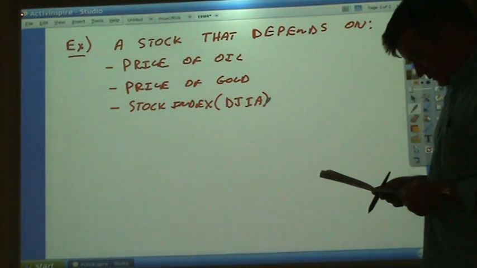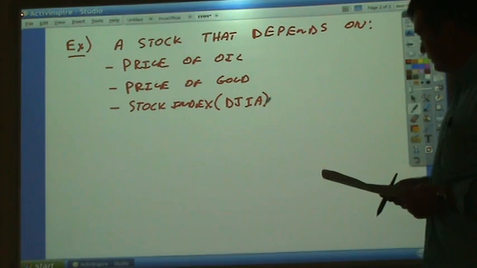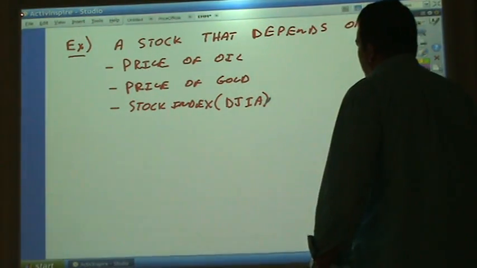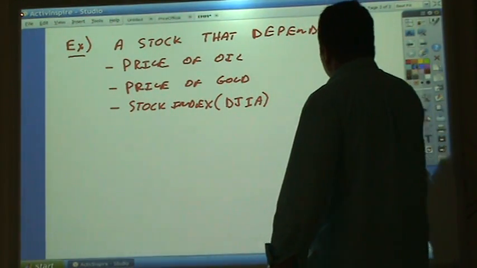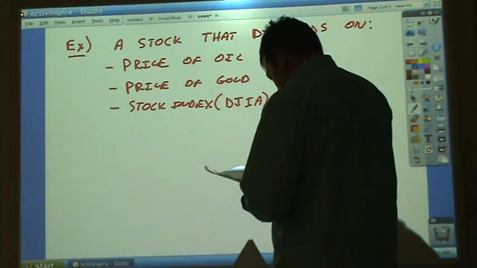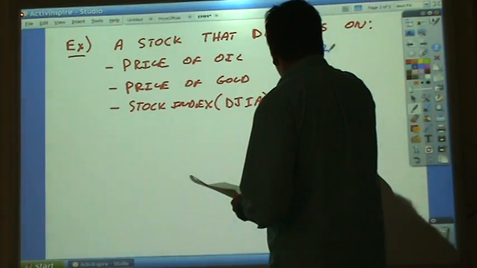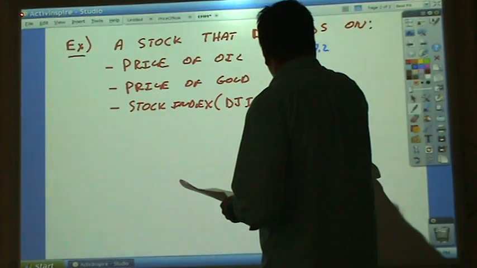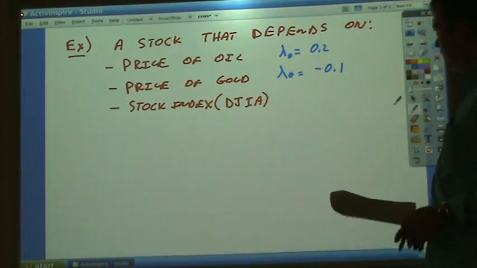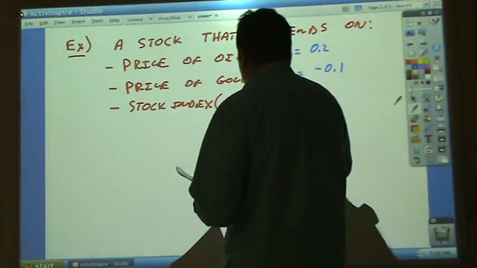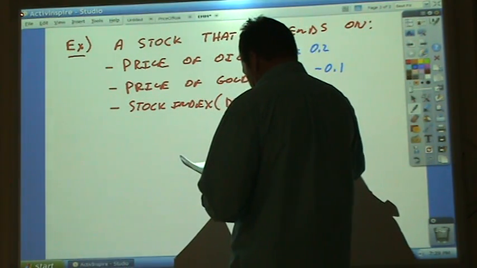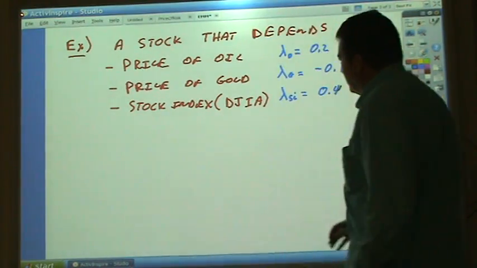Okay, and suppose that the market price of risk for each of these, I'm going to draw this like a chart, is: lambda oil equals 0.2, lambda gold equals negative 0.1. Like we said last time, we could have a negative number for the lambda. And the lambda for the stock index equals 0.4.